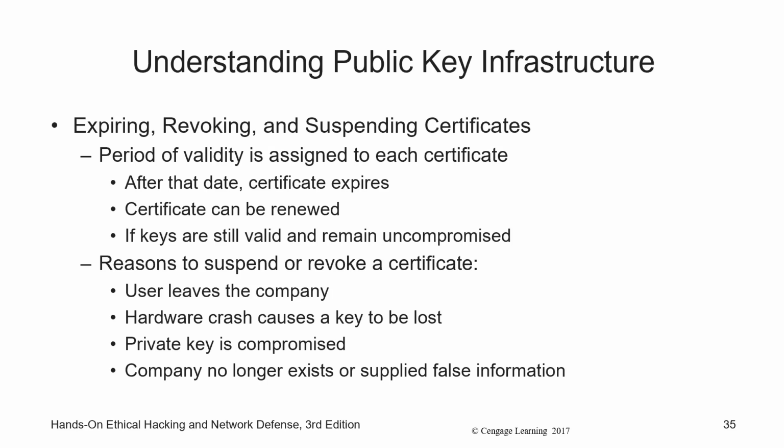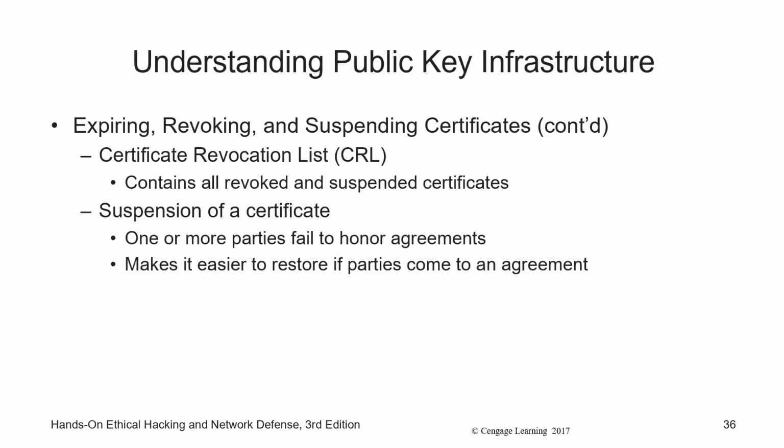So in a private case, if a user leaves a company, if the private key is lost or compromised, if the company no longer exists, or never renewed, the certificates can be revoked. And these revocation lists are available, so if you're presented with a certificate, you or your application could check against this revocation list and see if their certificate is still valid or not.